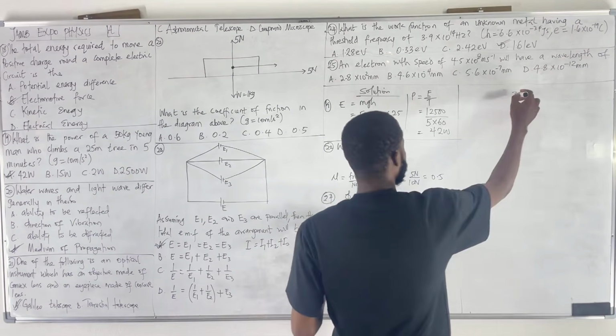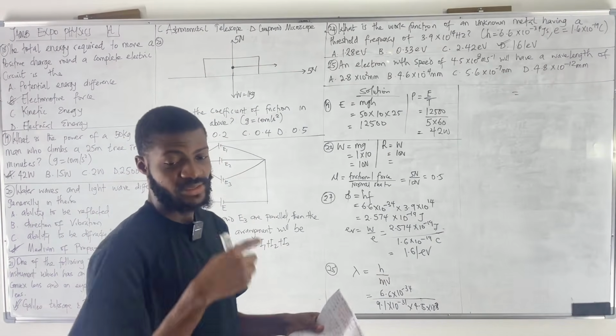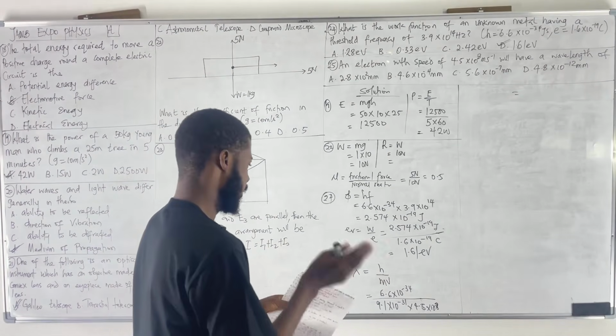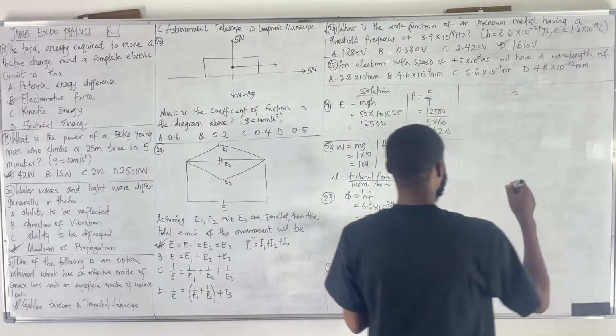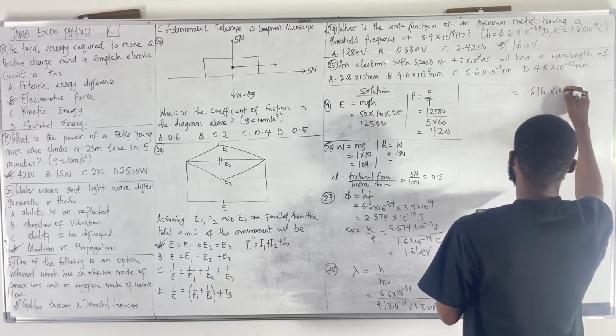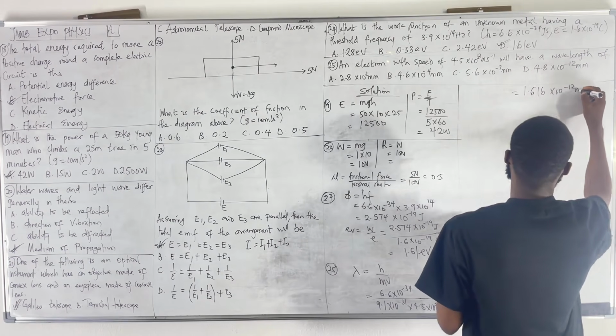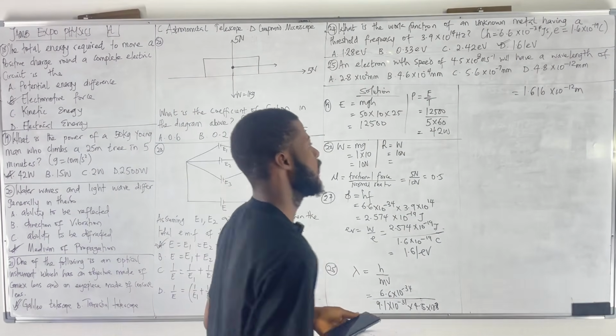Okay. So for the answer for this, I think I need a calculator because the answer was not the same. So hold on. All right. So if you divide this, you should be getting 1.616 times 10 to the negative 12 meters. That's what you'll be getting. Now, it says we should change it to millimeters.